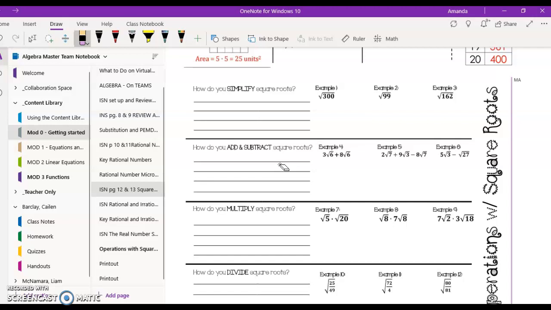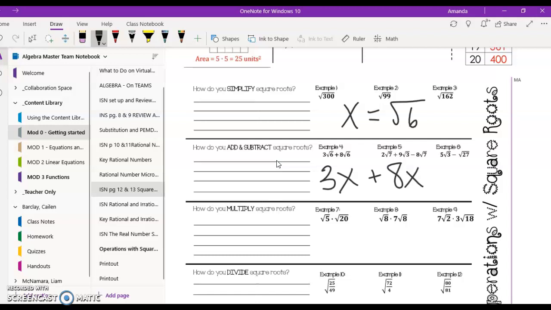So example 4, when you're adding and subtracting square roots, the square root of 6 is a number. It's a crazy irrational number, but it's still a number. So I can think of x. X could be the square root of 6, right? So if I replace that, then I have 3 x's plus 8 x's, I can add those up, right?